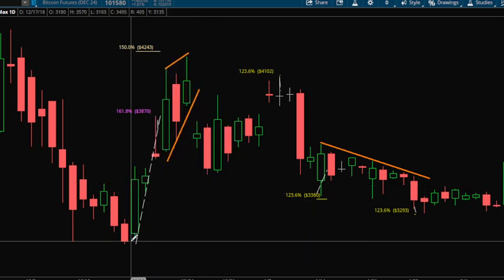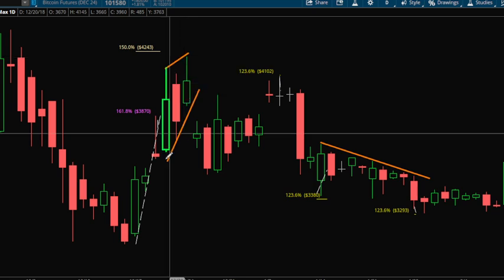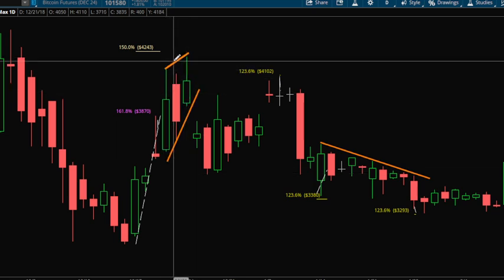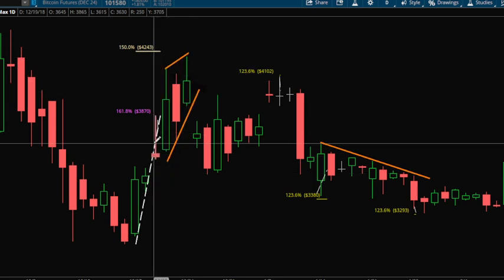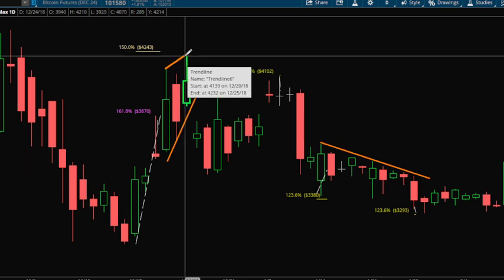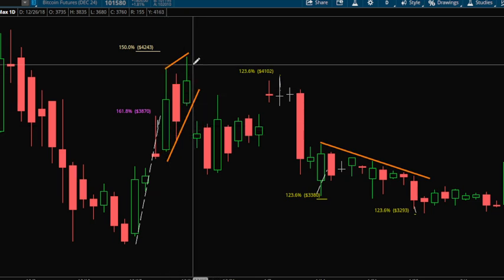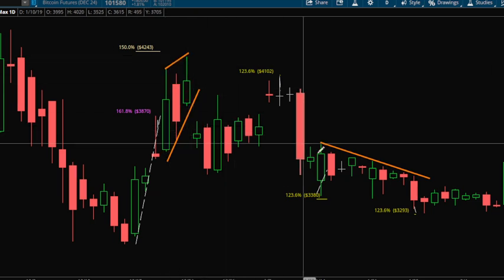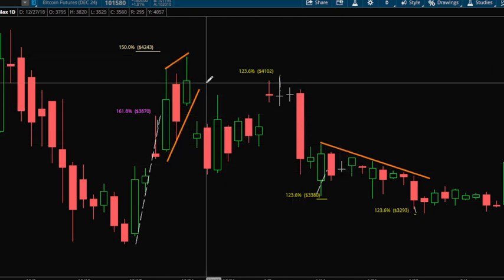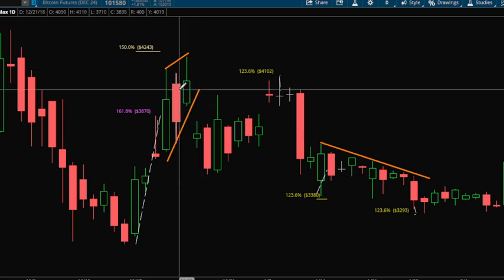So now we have our minute degree or minor degree, not sure. Don't quote me on the degree of the trend right now. I'll go back and label it later. I just want to show you how we're counting, how we're using the Fibonacci retracement tool to actually get the extension.